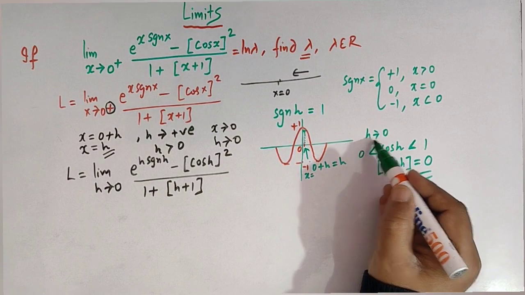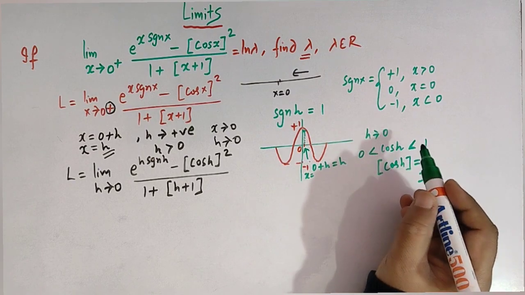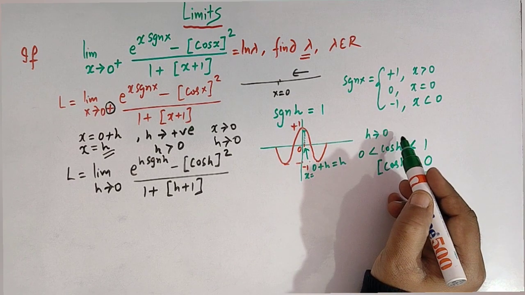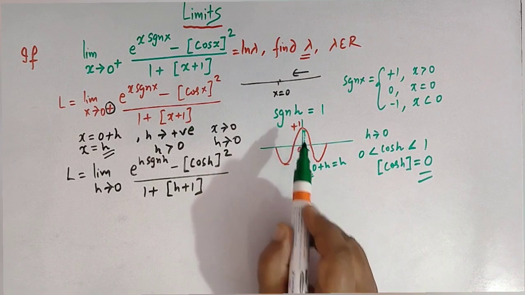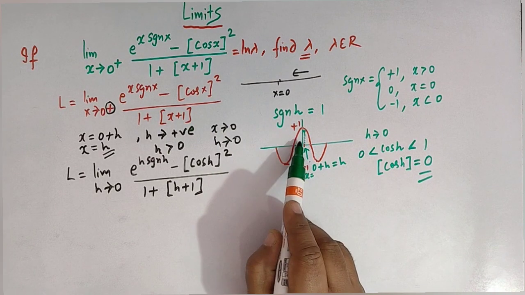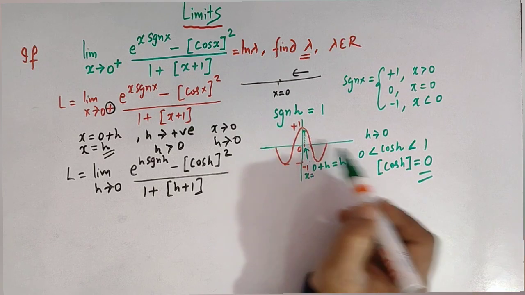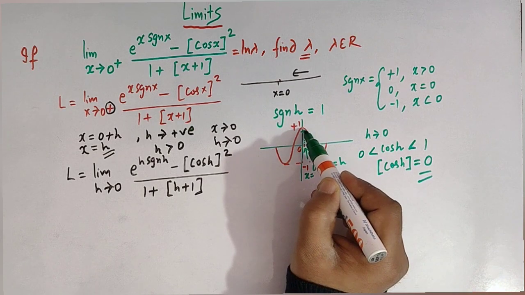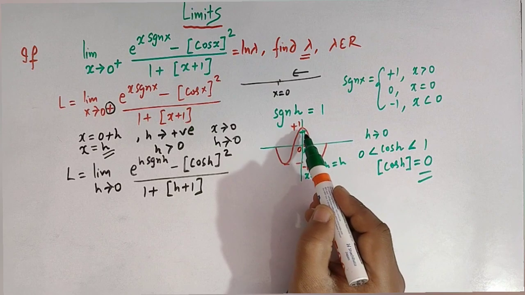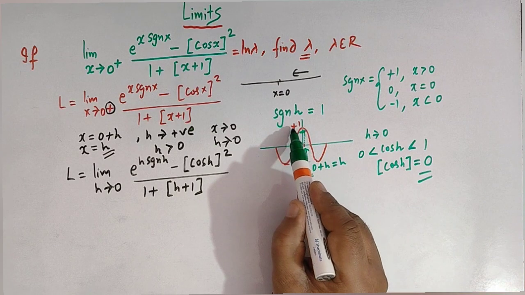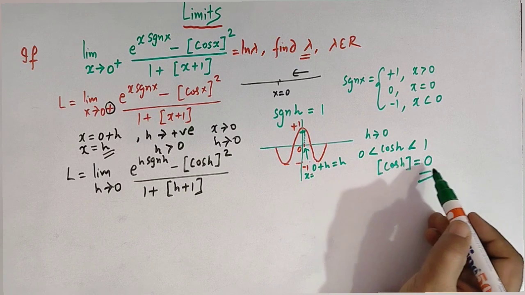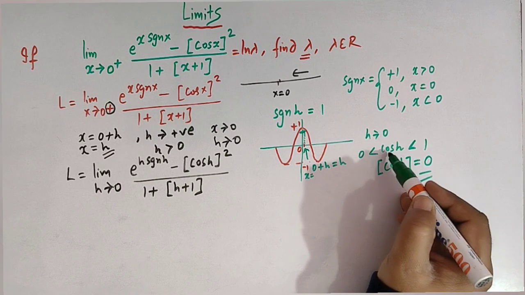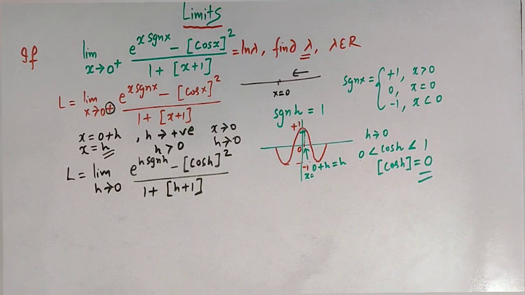So when h tends to 0, it means h is a very small quantity, but h is positive, right? So cosine h has a value which is less than 1 but greater than 0, right? So cos of h lies somewhere here, right? Which is just below plus 1, right? So the greatest integer of cos h must be equal to 0 when cos h lies between 0 and 1, right?